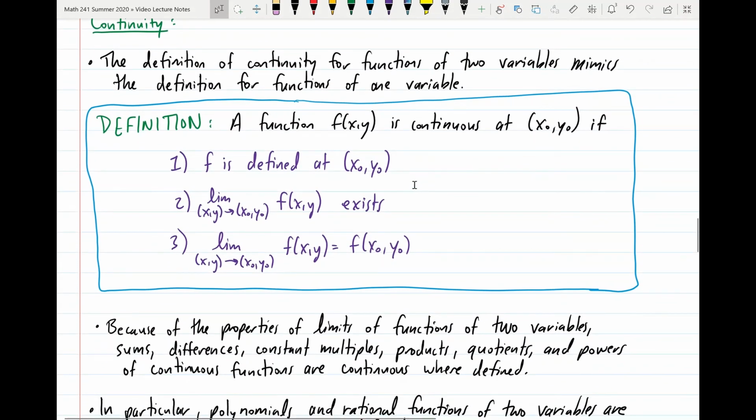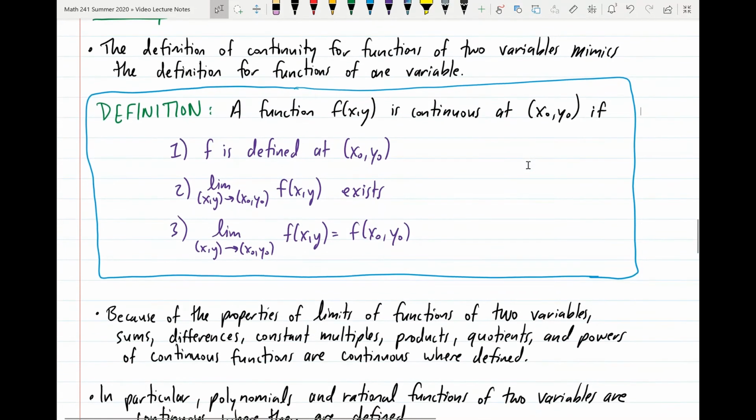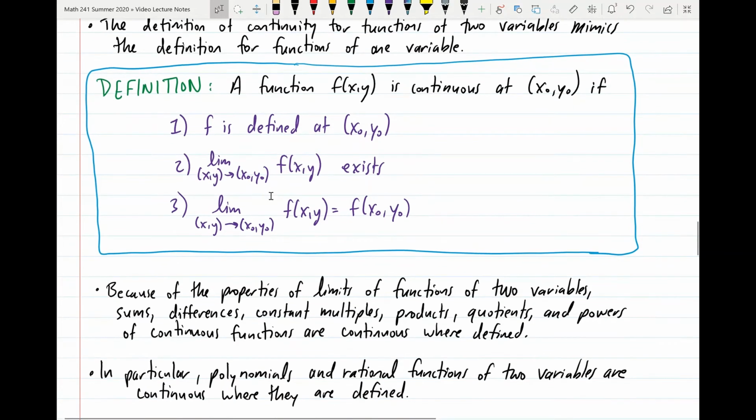It should be familiar. A function f of x, y is continuous at the point x0, y0 if the following three conditions are satisfied. So 1, f has to be defined at the point x0, y0. It has to make sense to put the point x0, y0 into our function. The second condition, the limit as x, y goes to x0, y0 of f of x, y has to exist.